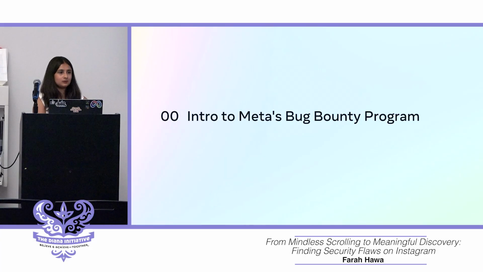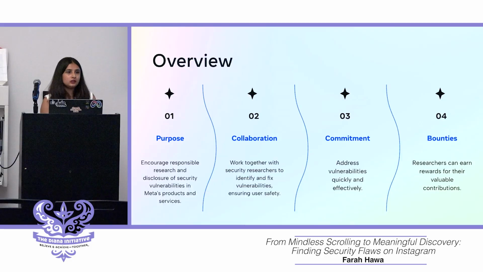So let's go over some high-level details about the program. The general concept of the Bug Bounty program is very simple. You try to hack us, and if you succeed, we're going to pay you. For us at Meta, this approach serves as the final line of defense to catch any vulnerabilities that are missed by our internal tooling and our processes.